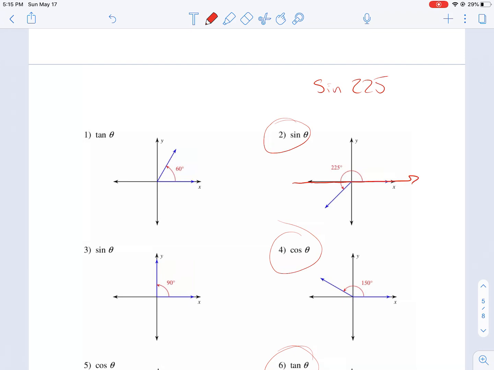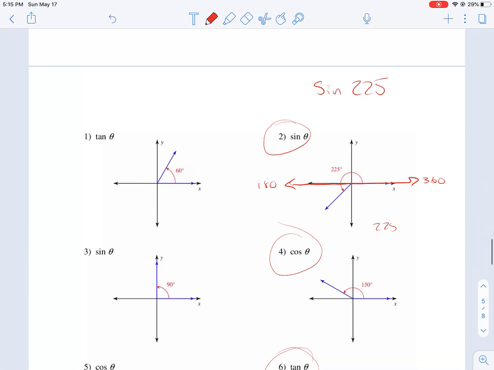Here's our horizontal axis, and we want to know whether 225 is closer to 180 or 360. Clearly it's closer to 180, so you go 225 minus 180. You want to make sure you subtract the smaller number from the larger number, and you get 45. So 45 degrees is the reference angle for 225.